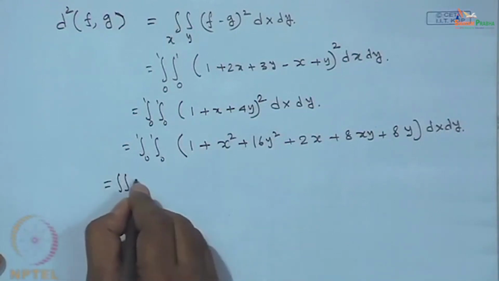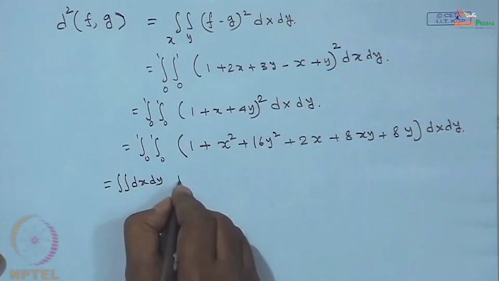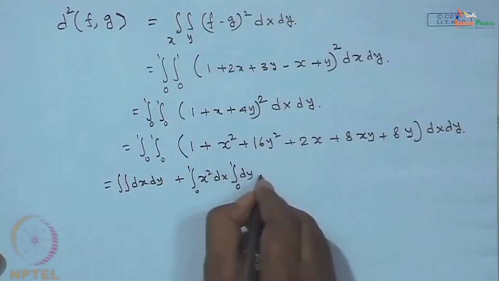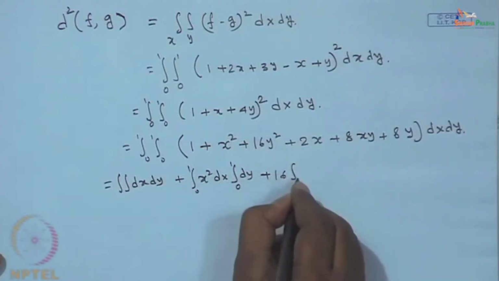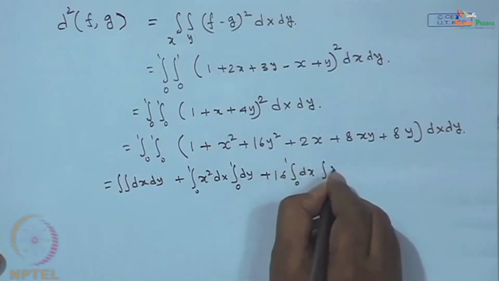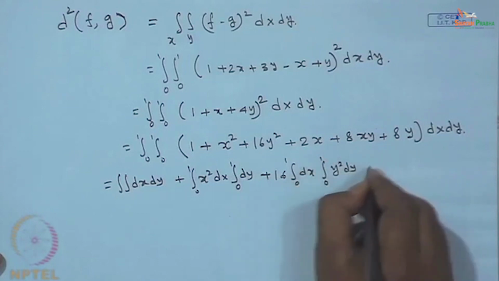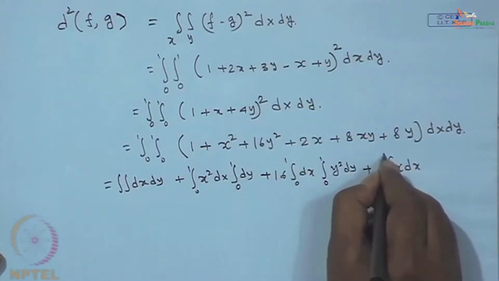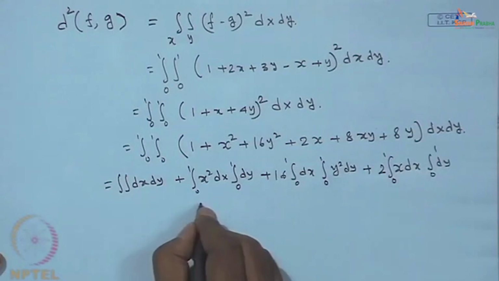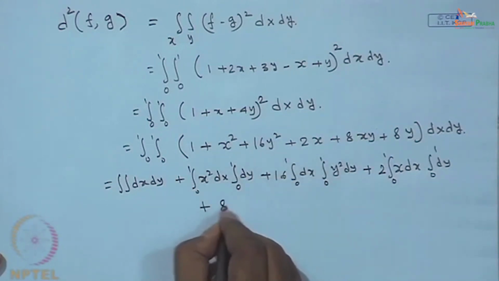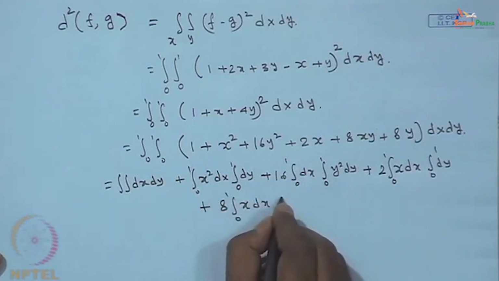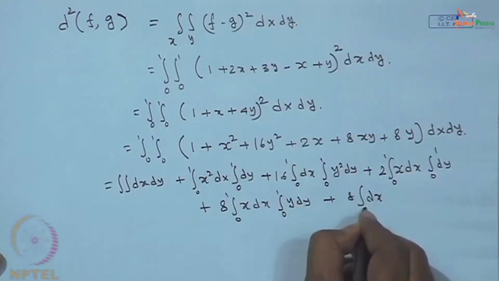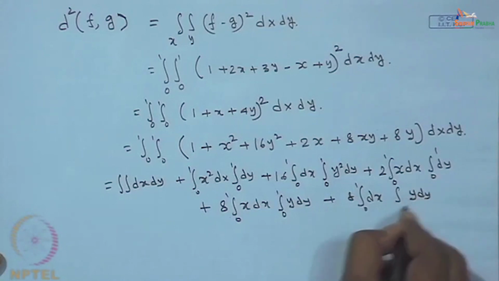So, your first one will be this one, the second integral will be 0 to 1 x square dx, dy from 0 to 1, the third integral will be 16, dx 0 to 1 y square dy from 0 to 1, the fourth integral will be 2x dx 0 to 1 dy 0 to 1, the fifth integral will be x dx 0 to 1 y dy 0 to 1, the last one will be 8 dx dy 0 to 1.